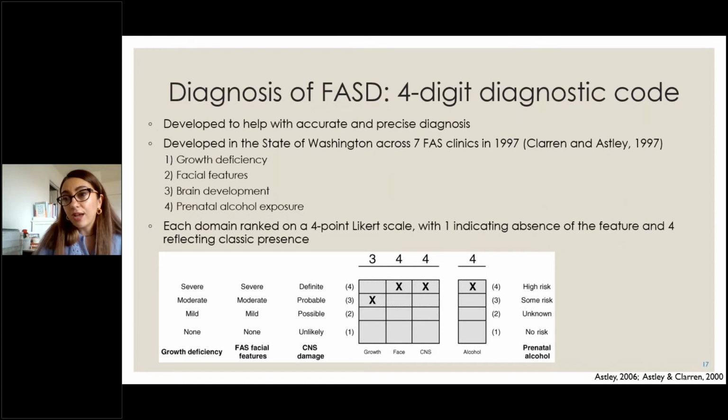And then the clinic has to have a relationship with genetics, because genetics has to be involved in the facial measurements, okay? And a third one is you have to have that multidisciplinary team to engage in this piece. You cannot work in silo and use the 4-digit diagnostic code, because you need the help of the other departments as well. And as we know, funding is not available for all children's hospitals and so forth to have these multidisciplinary teams. Not even all hospitals have an autism clinic at this point in time.